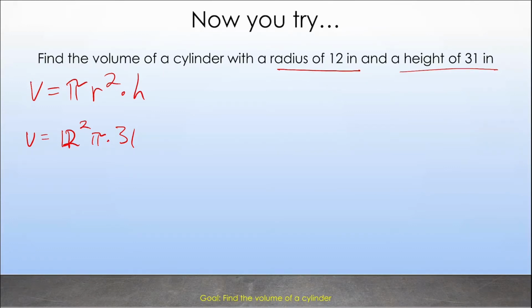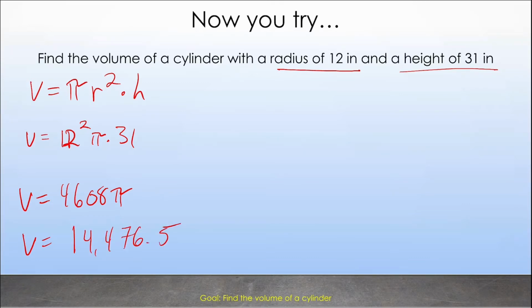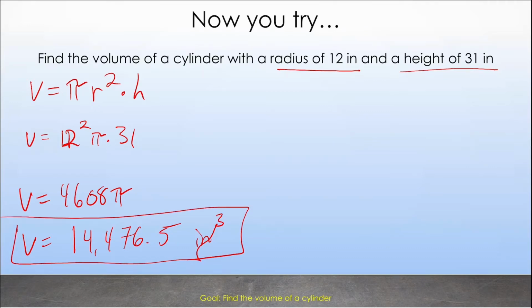Okay. And we get volume is equal to 4,608 pi, which is equal to 14,476.5 cubic inches. Okay?